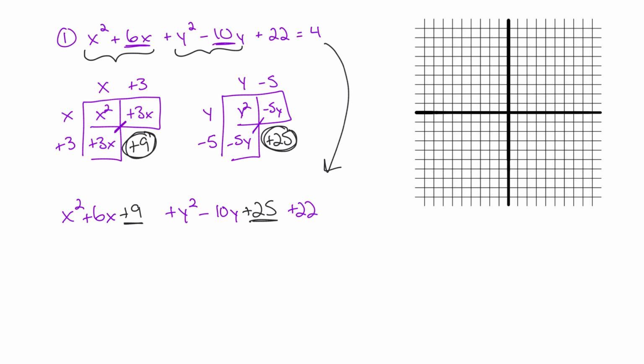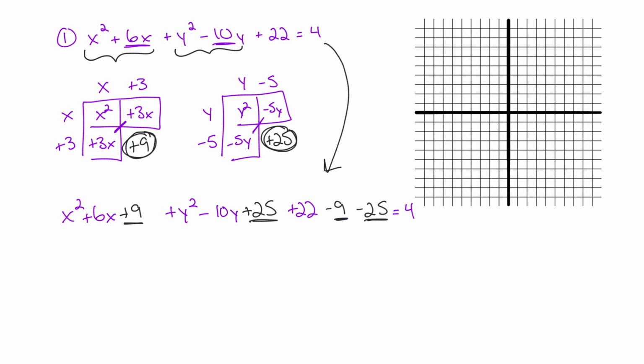But now I've kind of broken the rules of math. I can't really just throw in a plus 9 and a plus 25 into a problem unless on the same side of the equal sign, I also subtract 9 and subtract 25. Because if I add a 9 and subtract a 9, those cancel. I'm not doing anything. If I add a 25 and subtract a 25, again, they cancel. I'm not doing anything. It's still equal to 4, by the way.